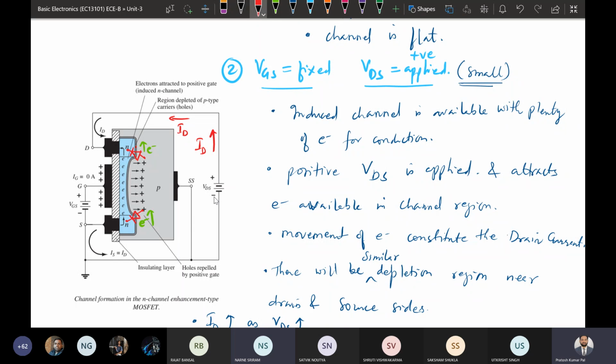And instead of n there will be highly doped p regions for drain and source. Here, to attract the holes from this p, we need to connect negative voltage. So here drain to source voltage should be negative, to attract the holes from the drain side.